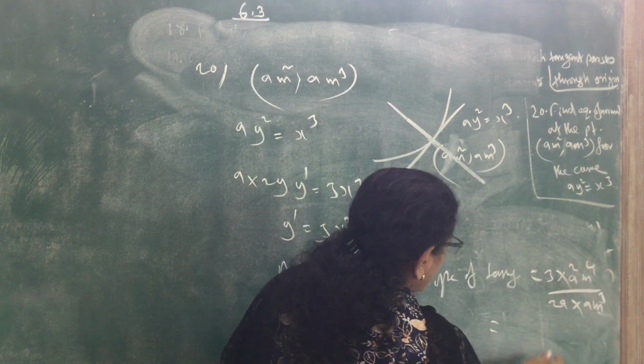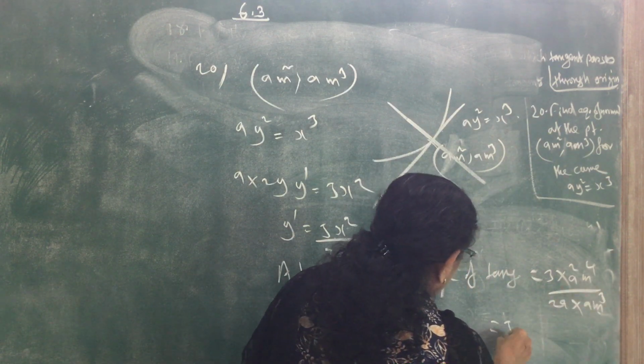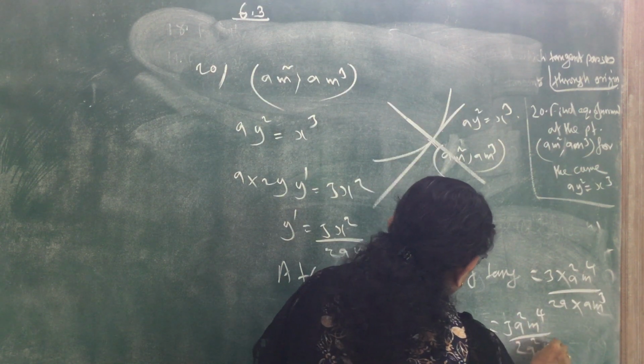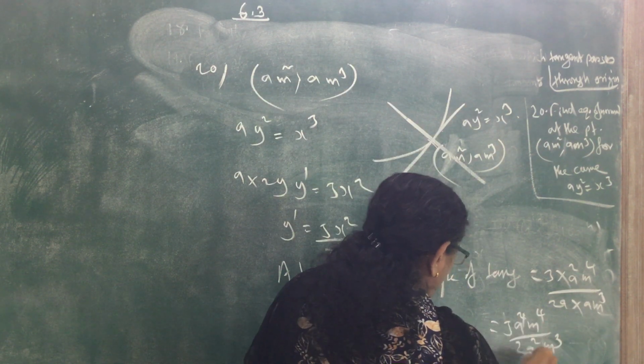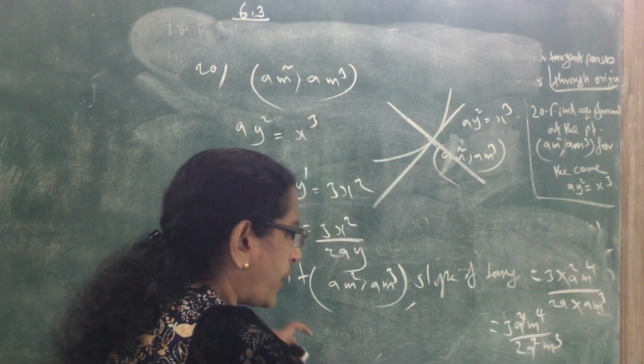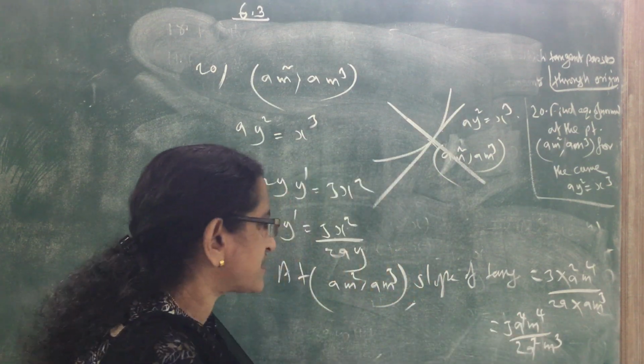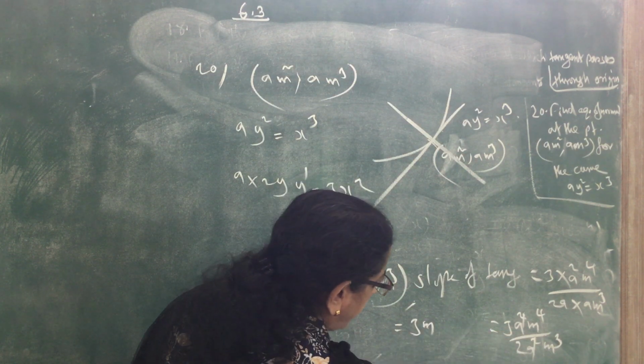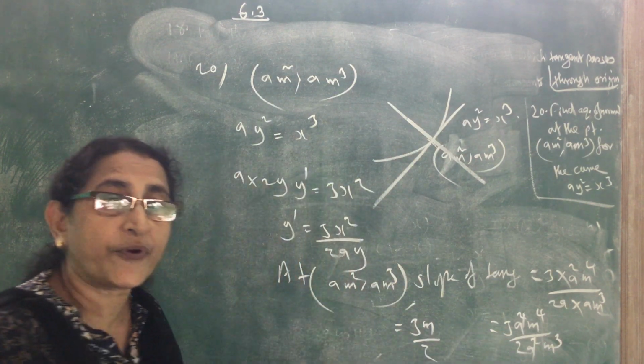So that is equal to 3a square m raised to 4 divided by 2a square m cube. So a square we can cancel, m cube also we can cancel, that is 3m by 2. So that is the slope of the tangent.